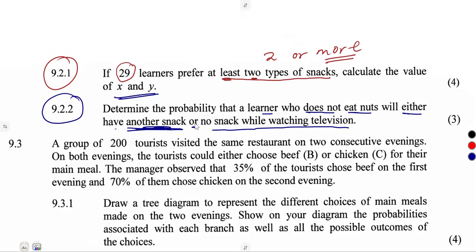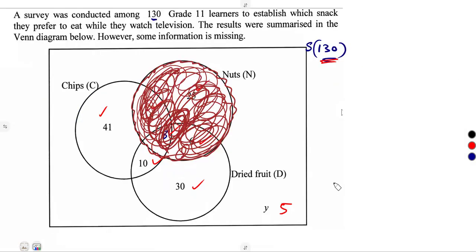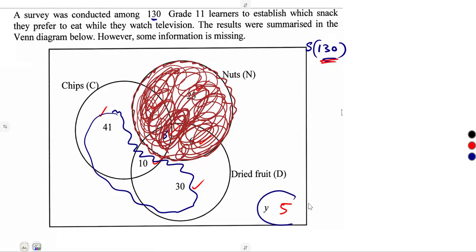Meaning these ones that are outside are also involved. So we're talking about these ones that can have other snacks, and those ones that don't have any other snack to consider while watching television.